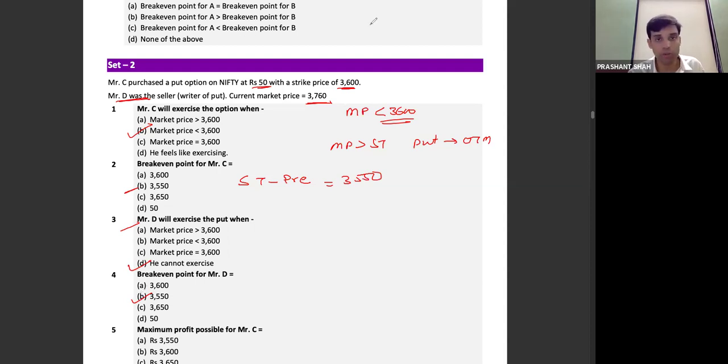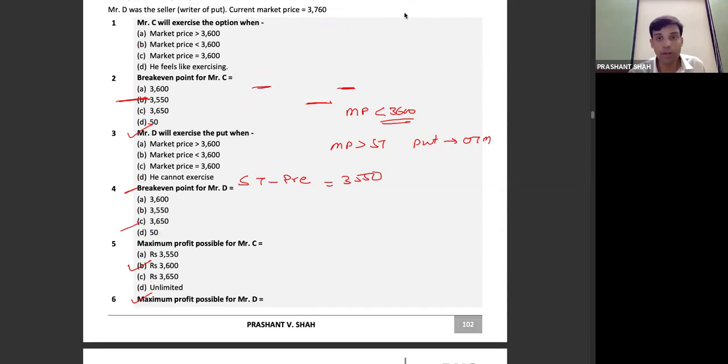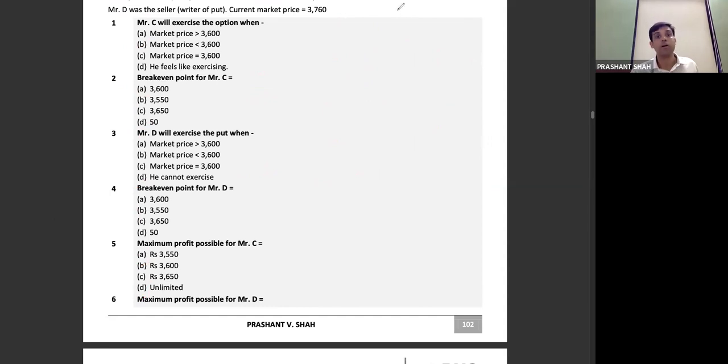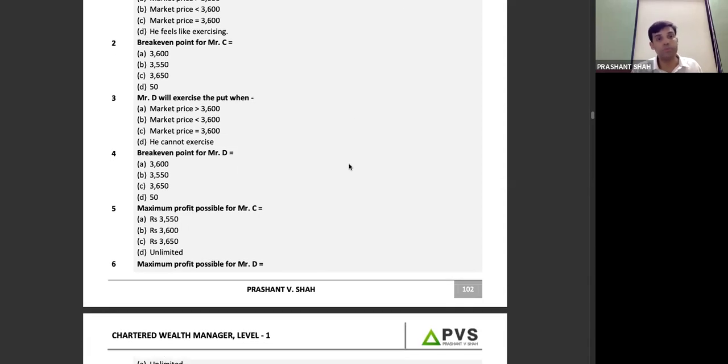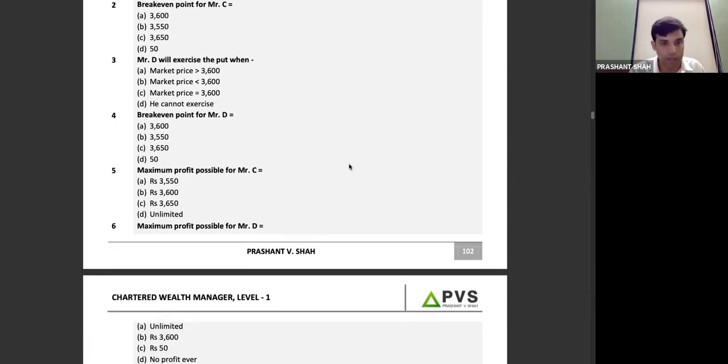Maximum profit possible for Mr. C. Whatever we look at, unlimited is based on substantiality; there is nothing truly unlimited as such. So the buyer of the option, let it be a call option or put option, would always have unlimited profit, right? And the seller would have unlimited loss. So the break-even point we have done.